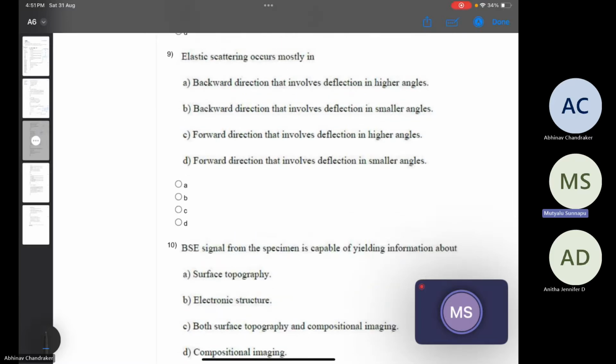Forward direction involves the deflection at higher angles. Or it is both of them: backward is higher and smaller, and forward is higher and smaller. I have a little bit of doubt and confusion about where elastic scattering occurs.